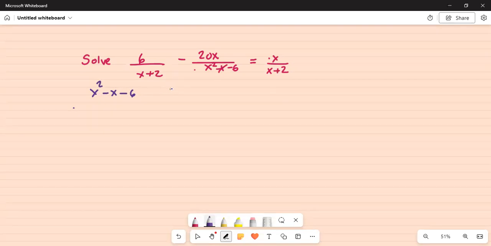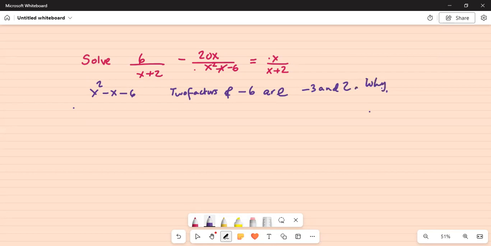Two factors of minus 6 are minus 3 and 2.